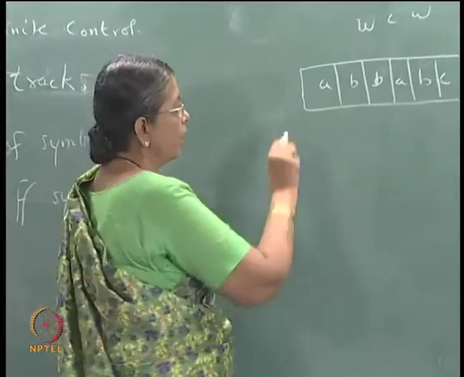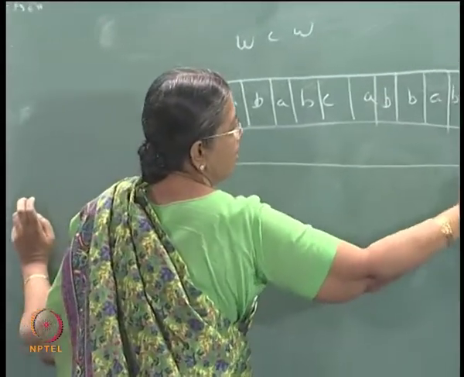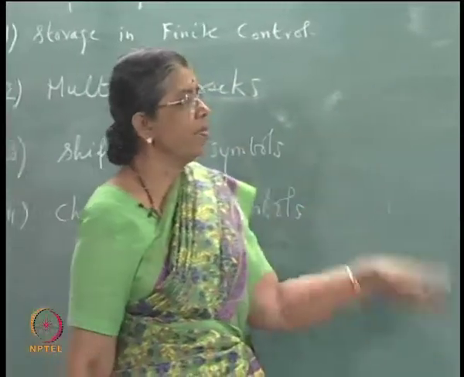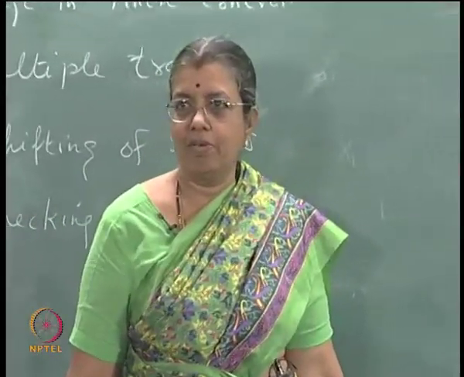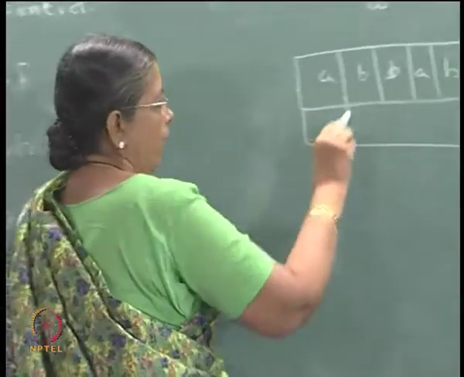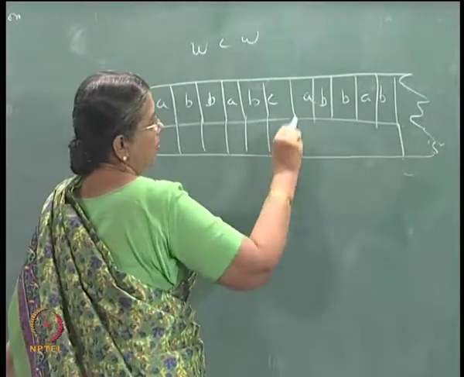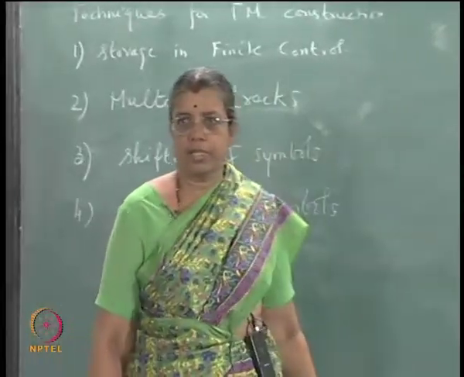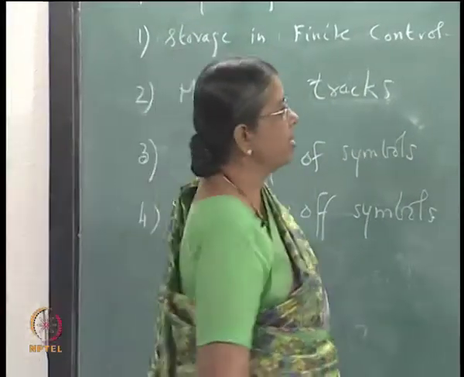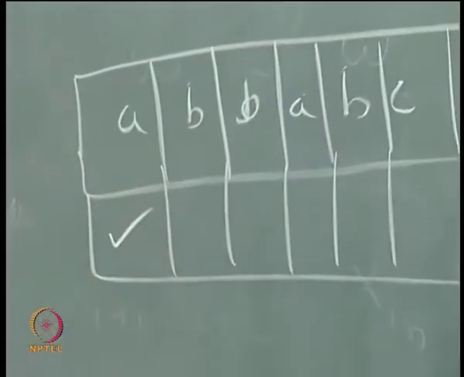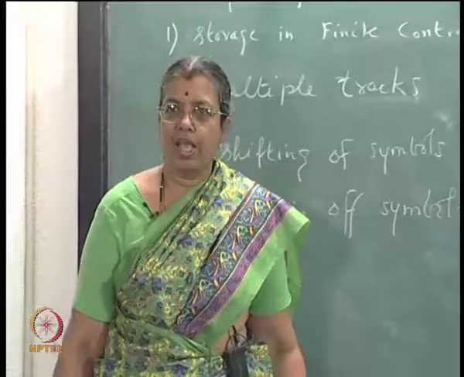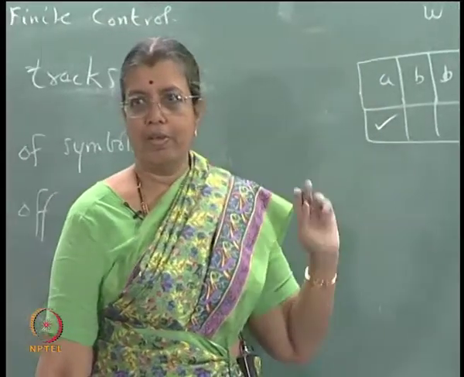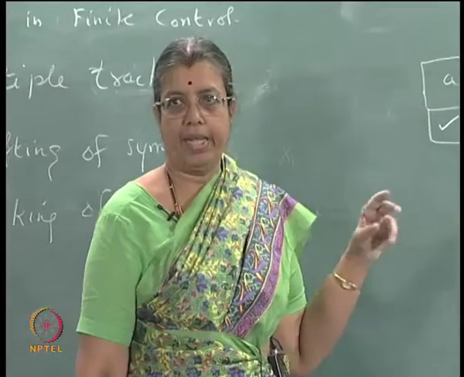Another way of doing it: I do not want to do anything with this. I want to keep them as ABB, AB, etc. I do not want to change anything. Then have 2 tracks on the tape. What you do is start from here, mark it off, and since it has read one A, you remember that in the state.